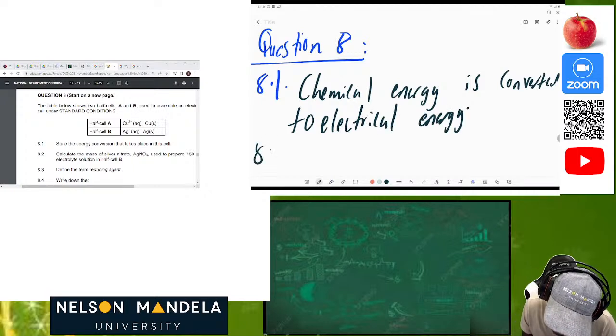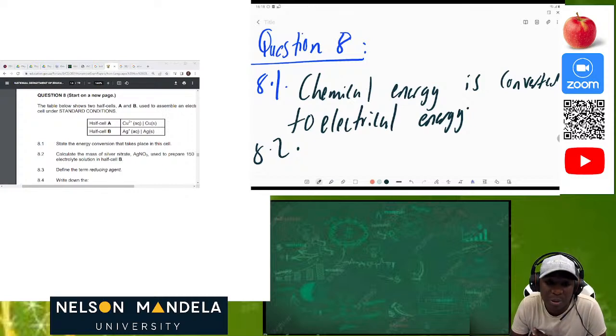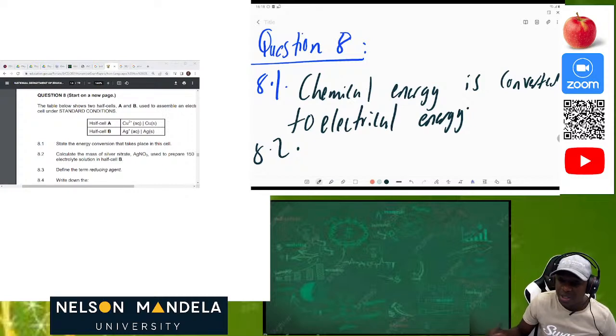Simple as that. What is important is to be able to know which cell is the one which we are looking at.